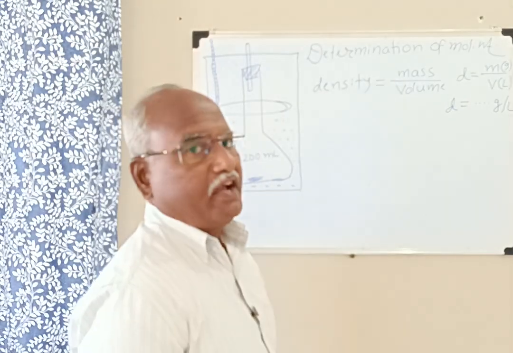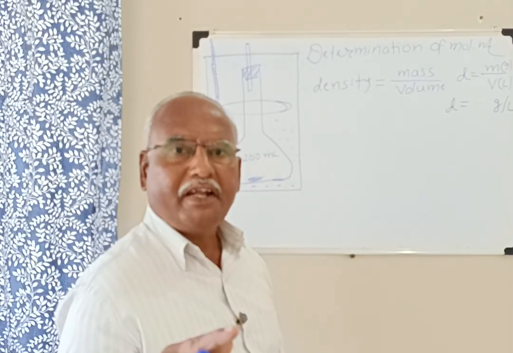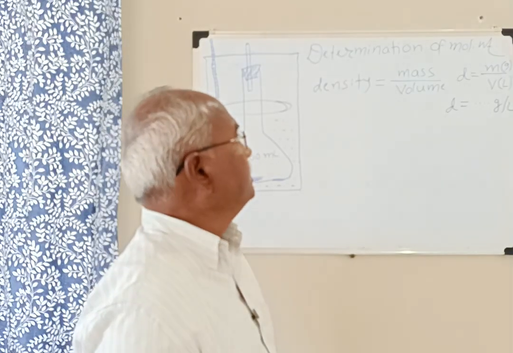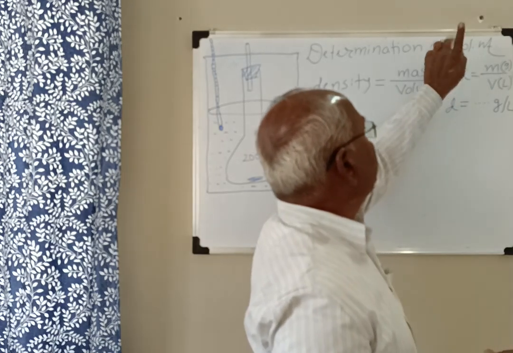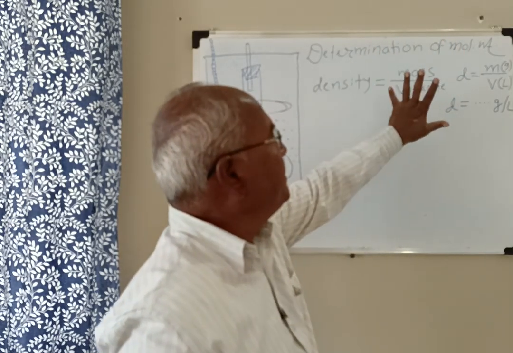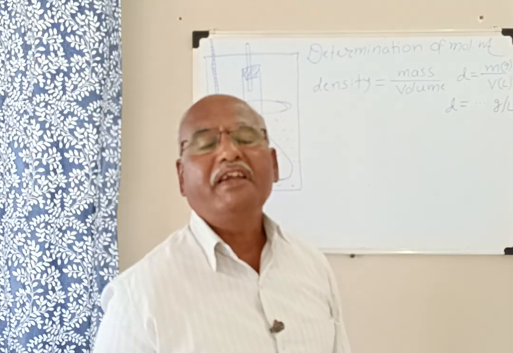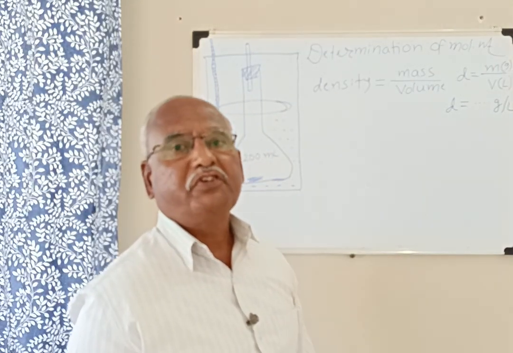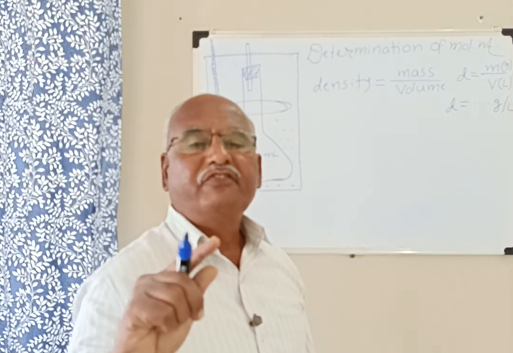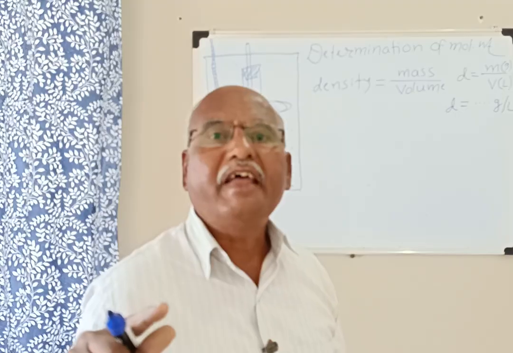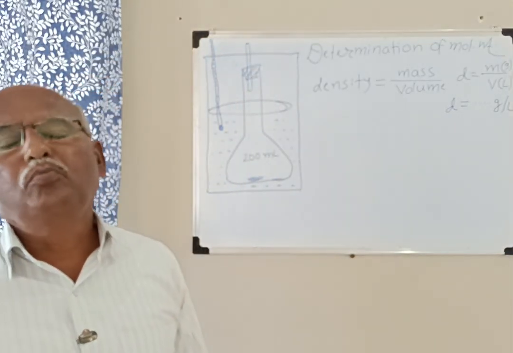Density of the gas or density of the volatile liquid is determined like this. The molecular weight of volatile substance is determined from the density. Density is directly proportional to molecular weight.